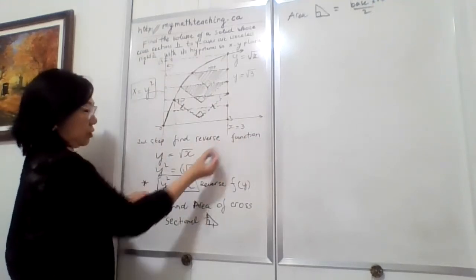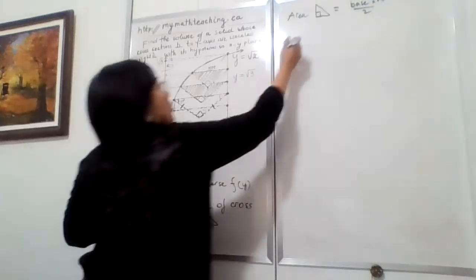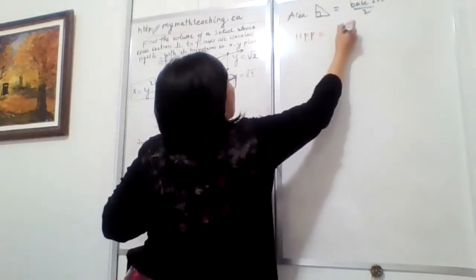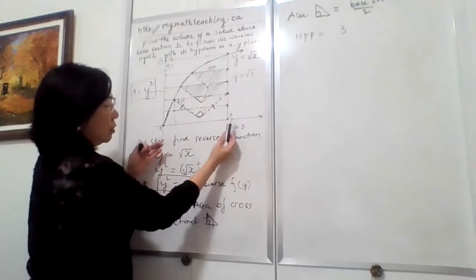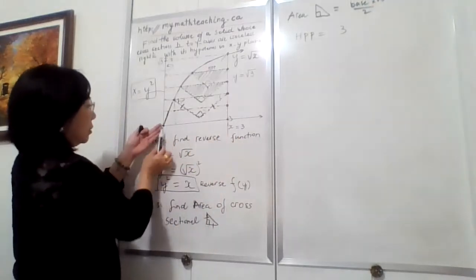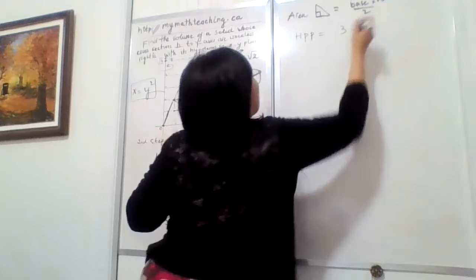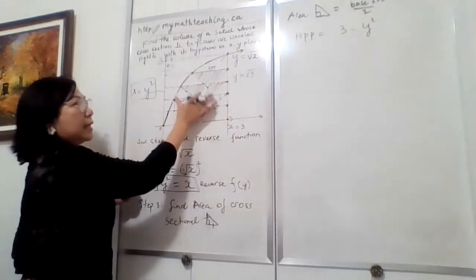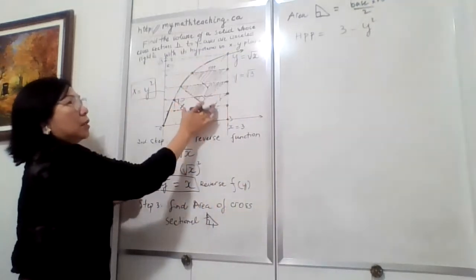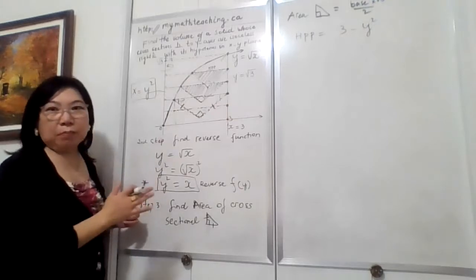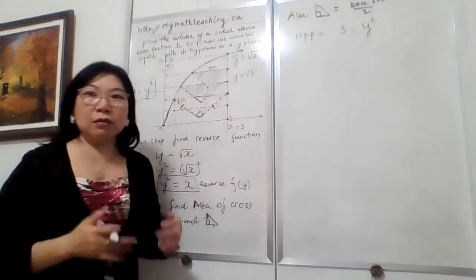So we use this function, subtract this function. So the hypotenuse will be equal to 3 minus y squared. That is the length of the hypotenuse in terms of the function, not in terms of a fixed number.